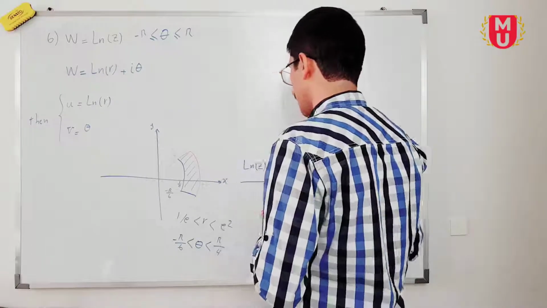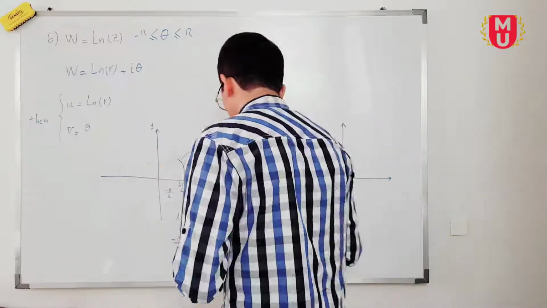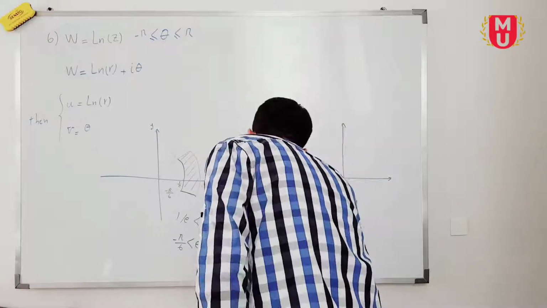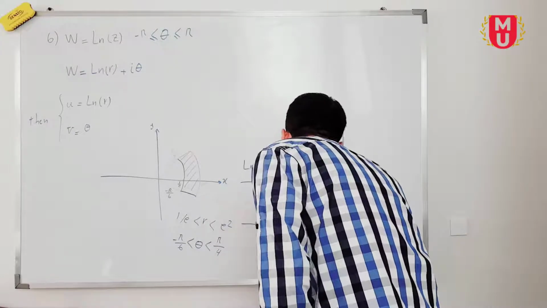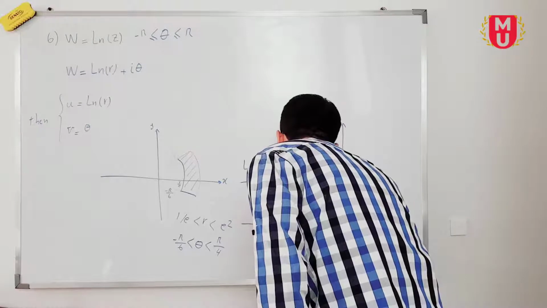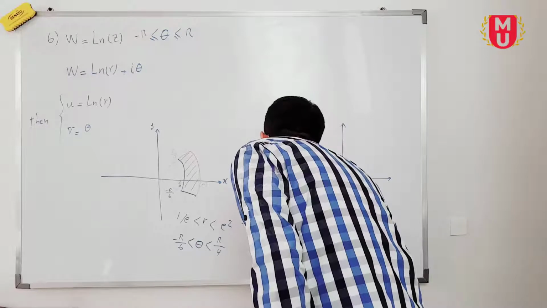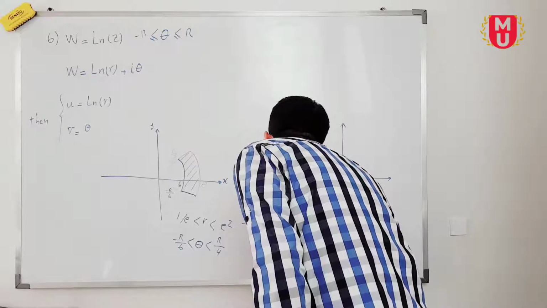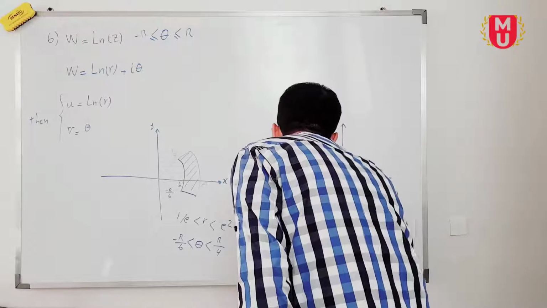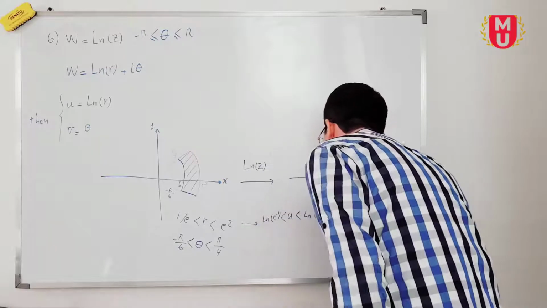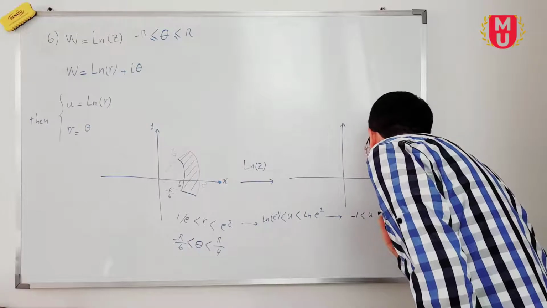We see that we should find out the u and v. We take the natural logarithm of each one: ln of e to the minus 1 and ln of e to the 2, then we have minus 1 and 2.